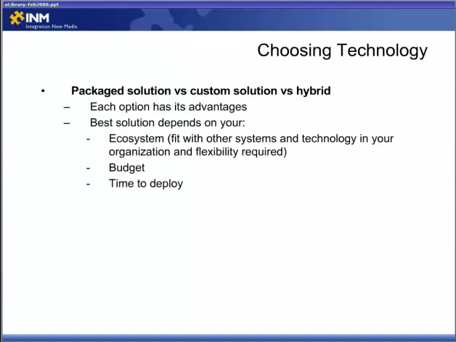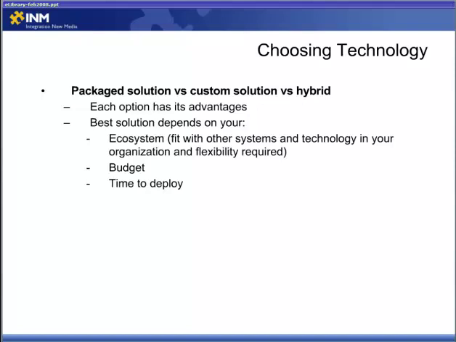There's several different ways that you can approach technology for an eLibrary solution. You can go with a package solution where you have a pre-built eLibrary and you simply add your content and it's ready to roll. Then there's the option of going with more of a custom solution where you may sit down with a consultant and a group of developers, whether in-house or external, to build something that meets your specific requirements.